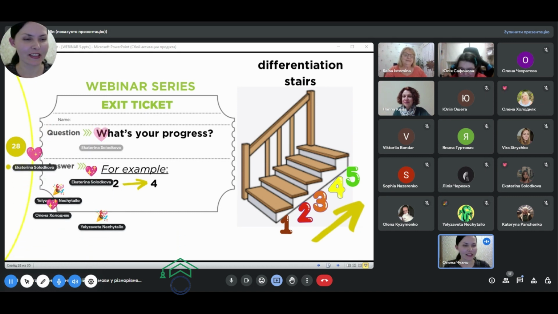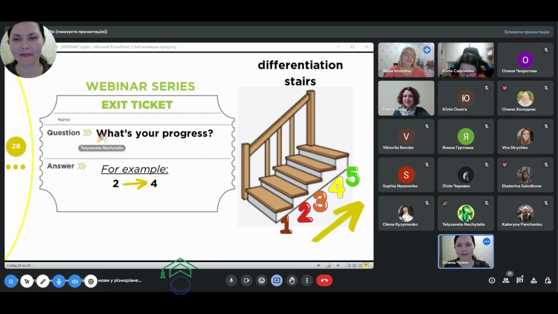Thanks for all the reactions. Okay, I just want to add the following thing. When we discussed assessment techniques, one of them was exit ticket, and that was one of the ideas, my aha moment.